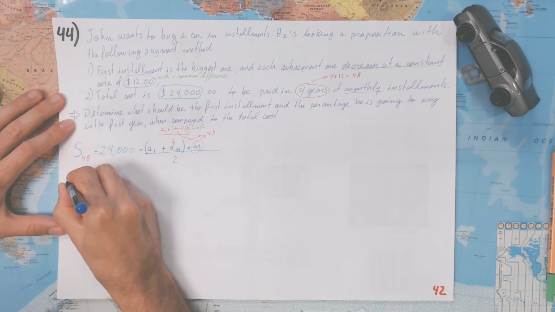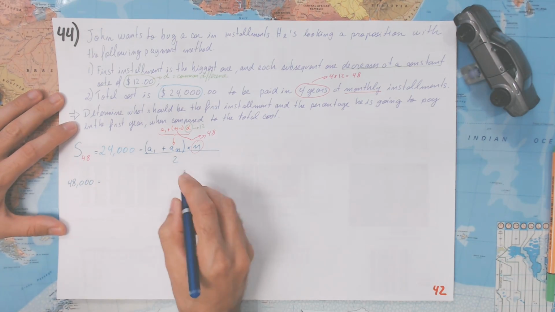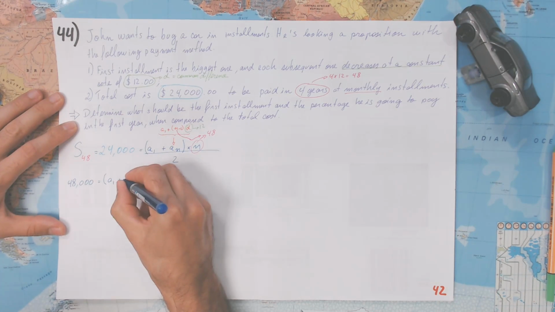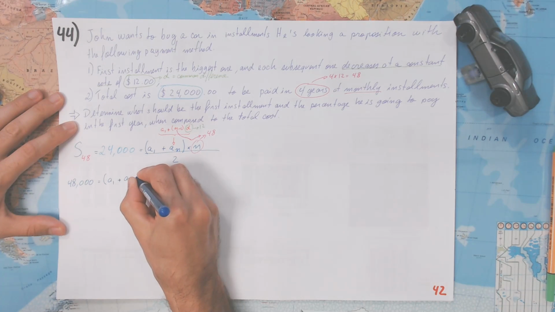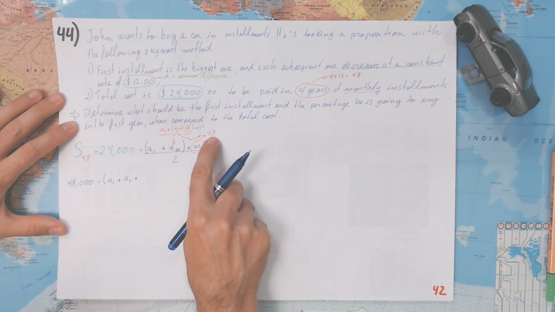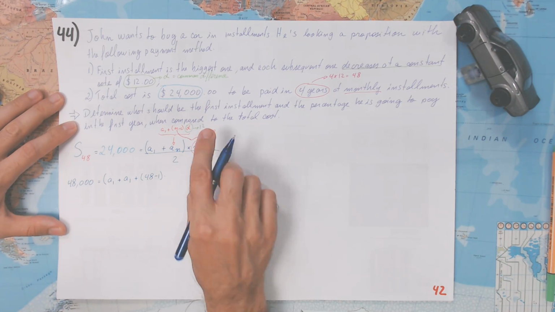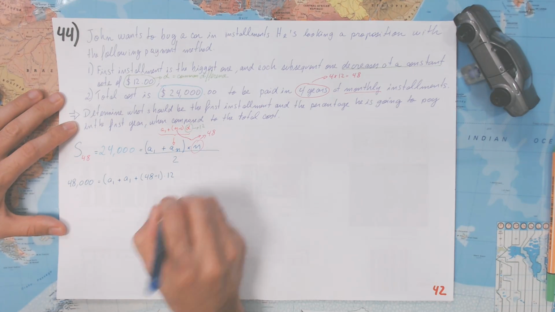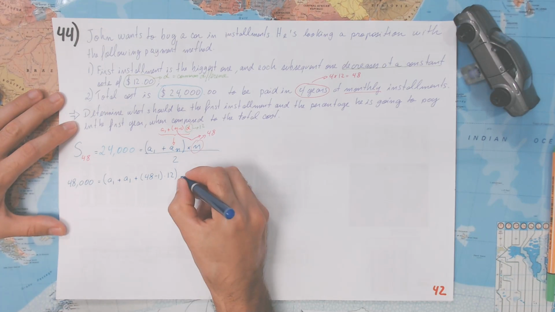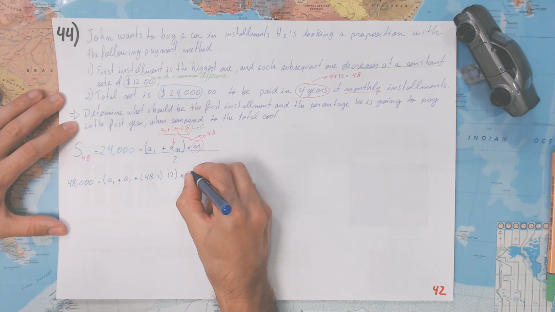So 48,000 equals a1 plus a1 plus n minus 1, n is 48, 48 minus 1 times d, which is 12, okay? And all that multiplied by n, which is 48.